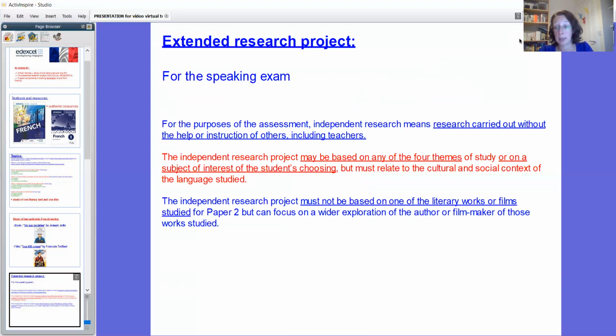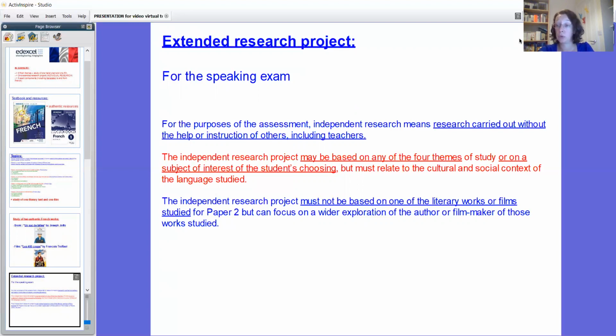For the speaking exam, there is also a component called the Extended Research Project, which is essentially independent research that the students carry out by themselves and which they will need to be able to discuss and present in their speaking exam. So this is not guided by the teacher, okay? It's really independent, and students can choose a subject of interest.